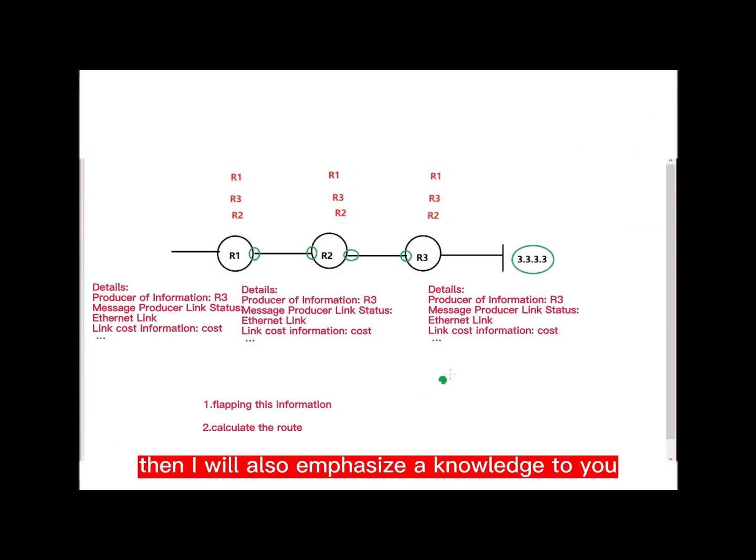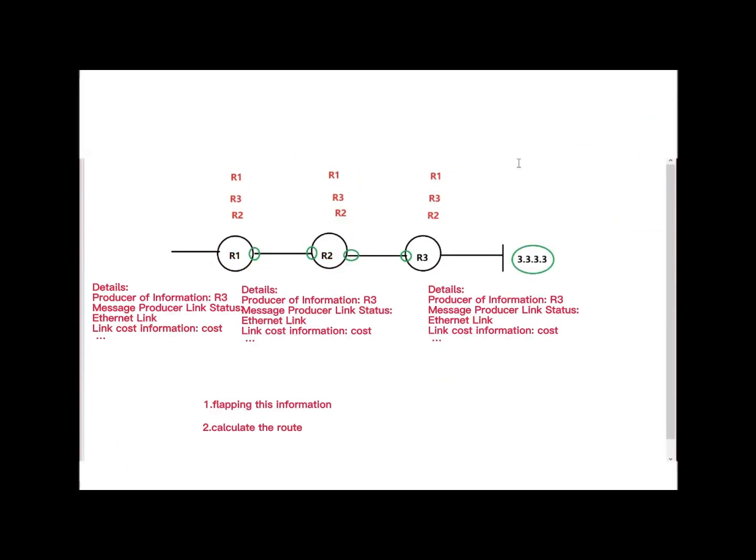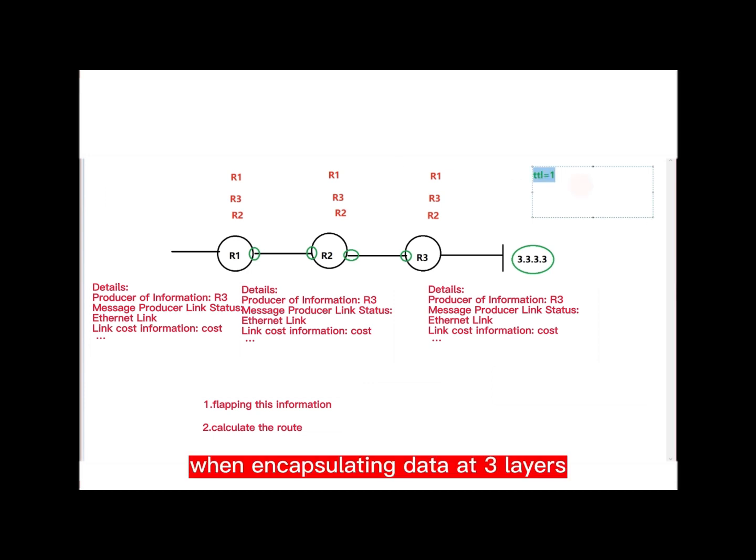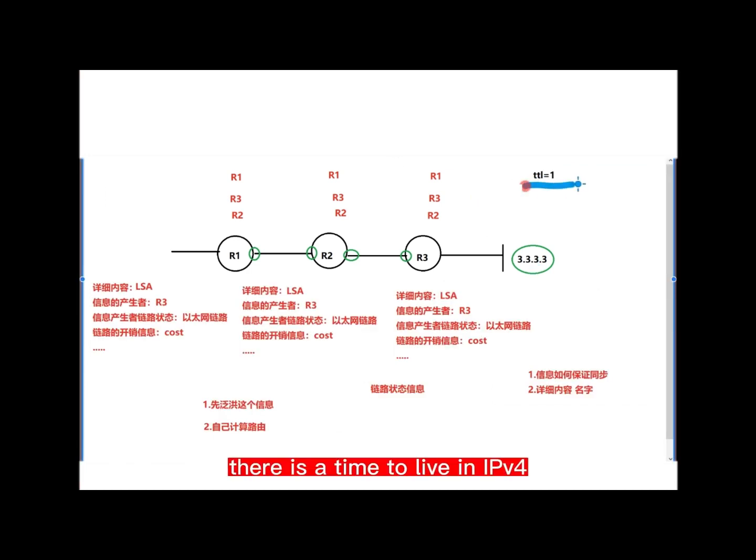Then I will also emphasize a knowledge to you. For OSPF packets, it refers to the OSPF message transmitted in a broadcast domain. It has a feature: its TTL is equal to 1. When encapsulating data at 3 layers, there is a time to live in IPv4, the number of times that can be forwarded by the 3 layers after the message is sent out.